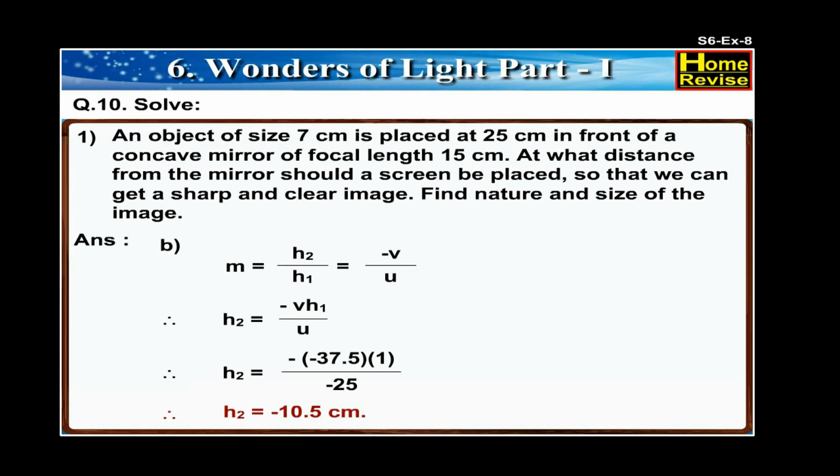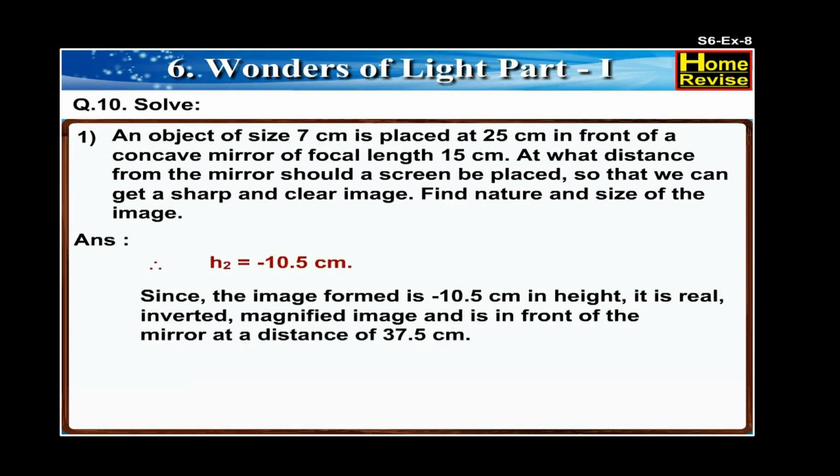Therefore, H2 is equal to minus 10.5 centimeters. Since the image formed is minus 10.5 centimeters in height, it is real, inverted, magnified image and is in front of the mirror at a distance of 37.5 centimeters.